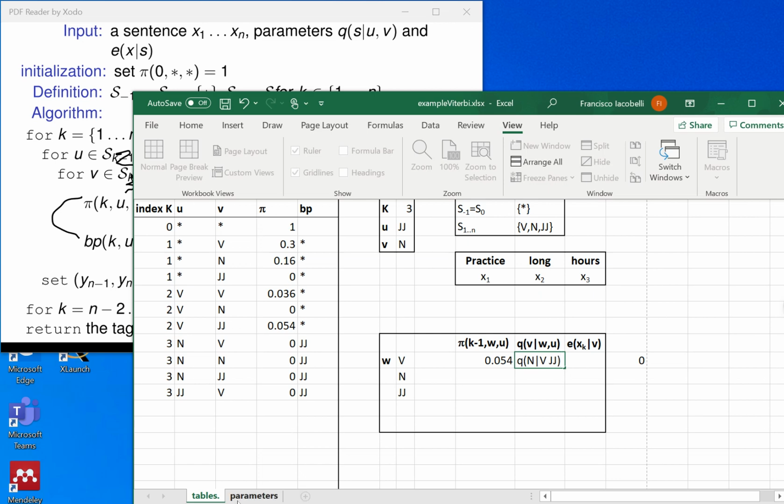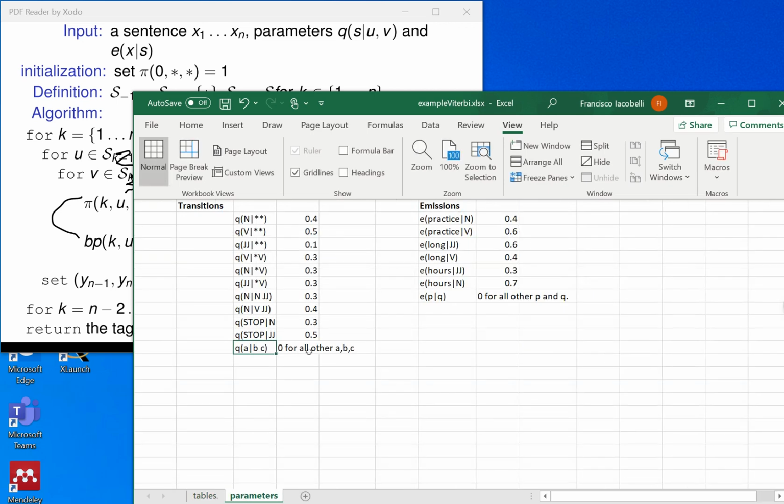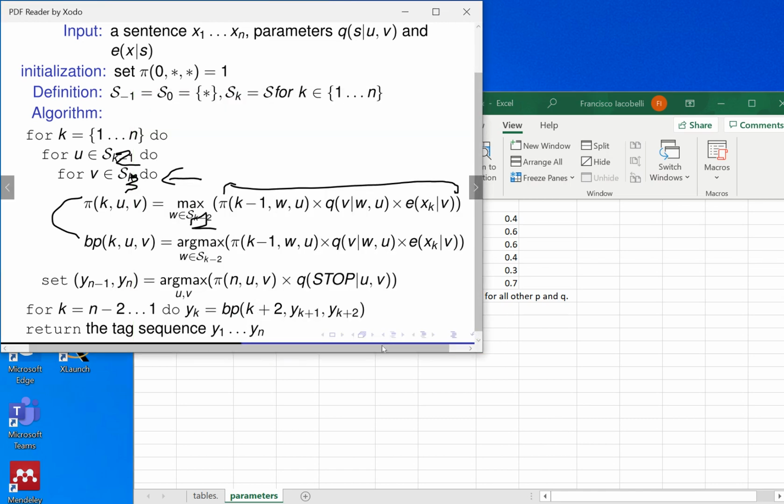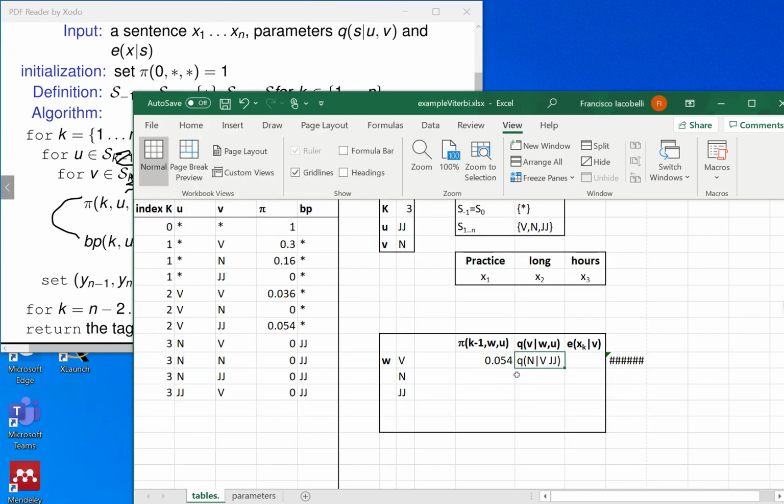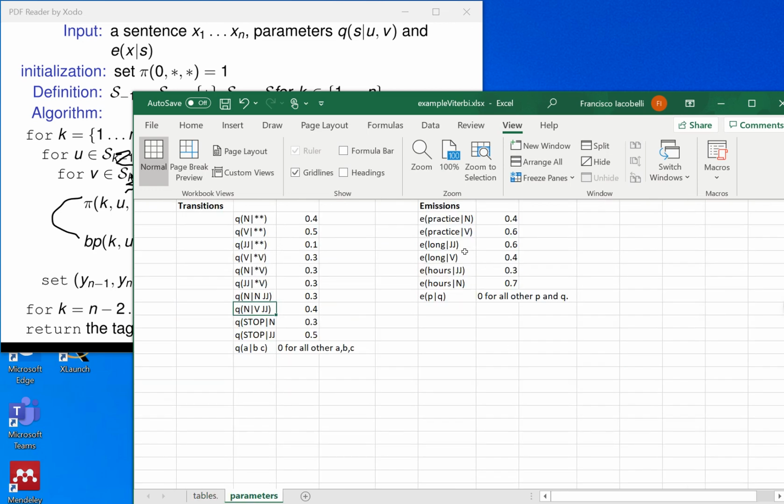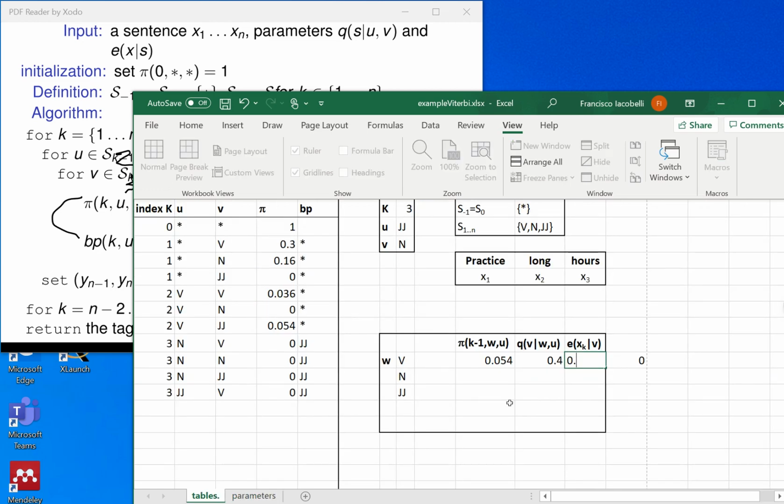Q of N V JJ is 0.4. So we replace that with 0.4. And then the emission, K is 3. So X3 is hours. So hours with the tag N right here is 0.7. All right, so that's a value.